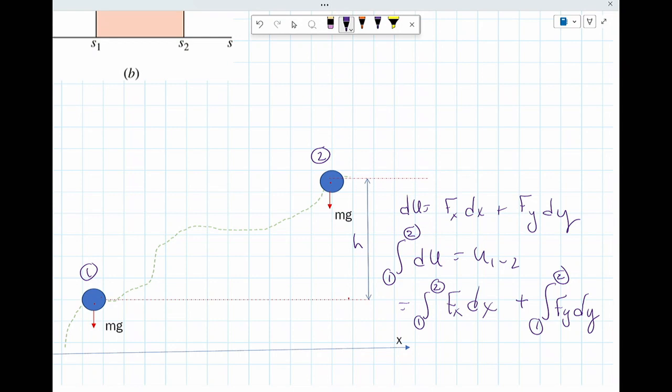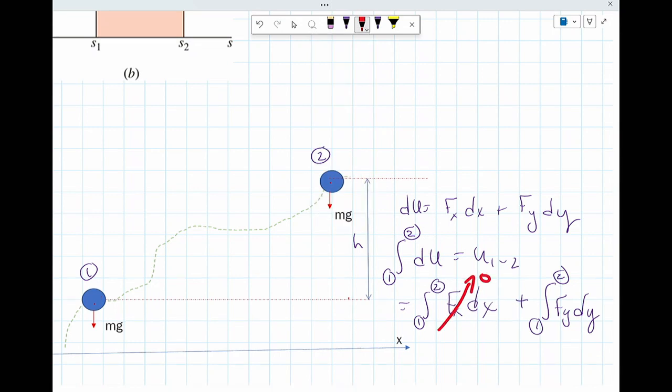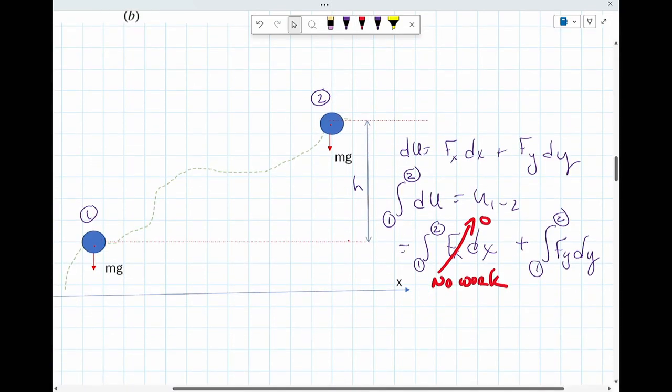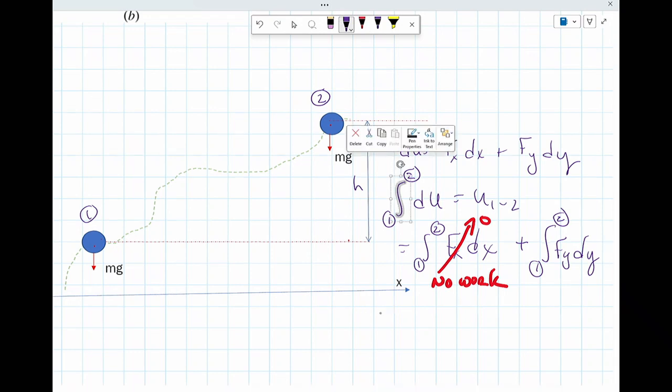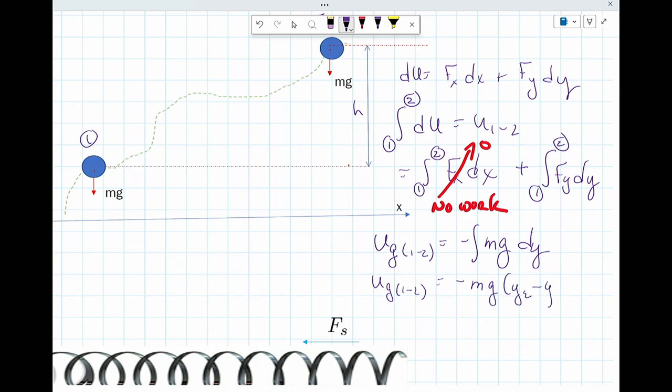So this term goes to 0. So if you're going to write it, you can say work 1 to 2 is equal to the integral of minus mg dy and U 1 to 2 is equal to minus mg (y2 minus y1), which equals minus mgh.